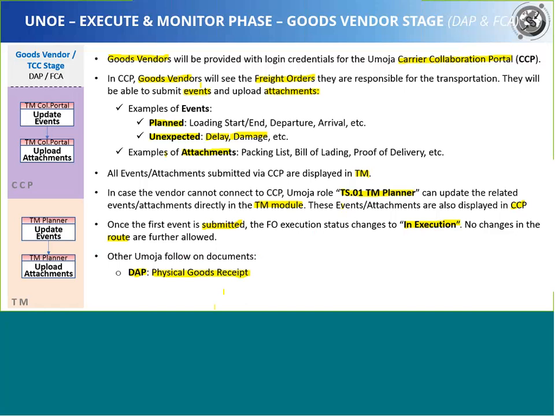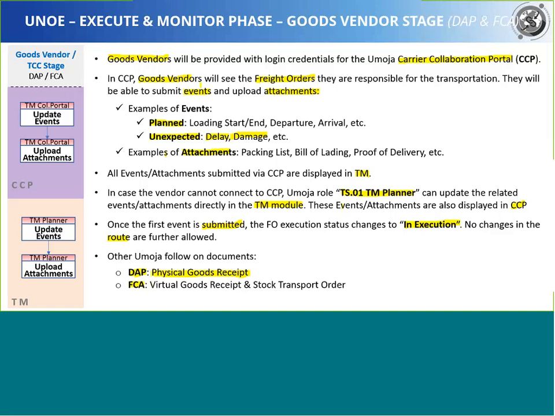In the case of an FCA scenario, at that stage, you will not do a physical good receipt because there is still a second stage that the freight forwarder is responsible for.